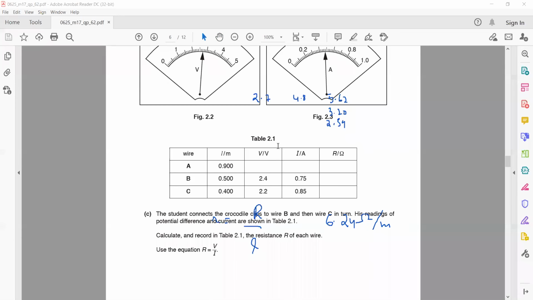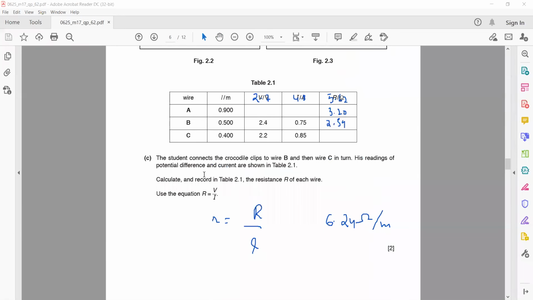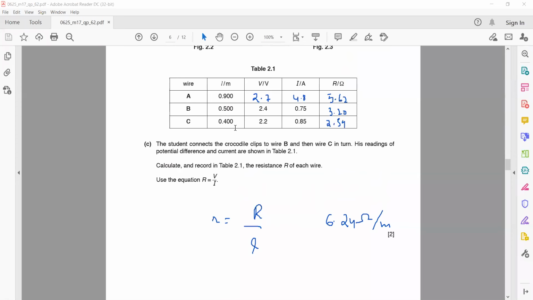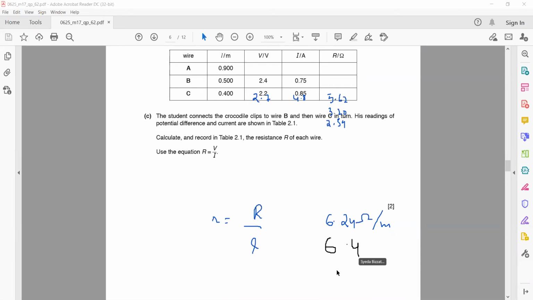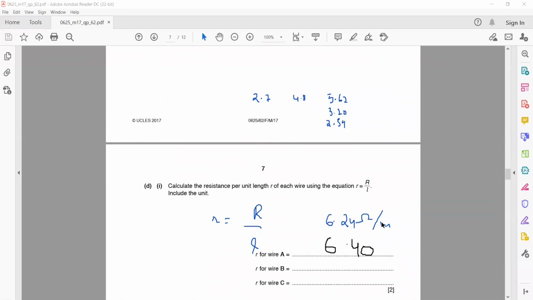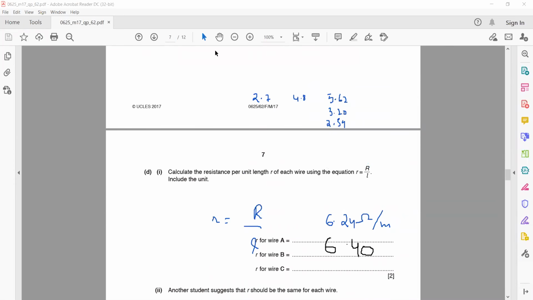What about the resistance per unit length for wire B? The resistance is 3.2 and the length is 0.5. So 6.40 ohm per meter.